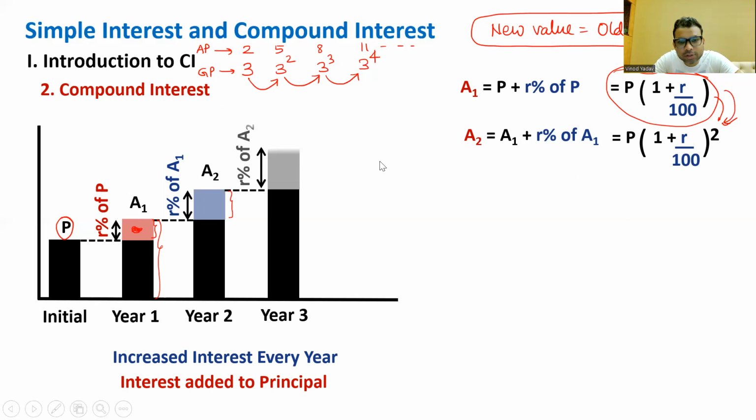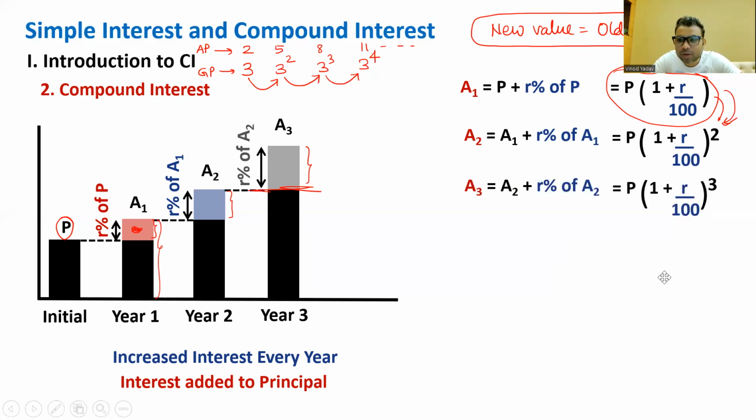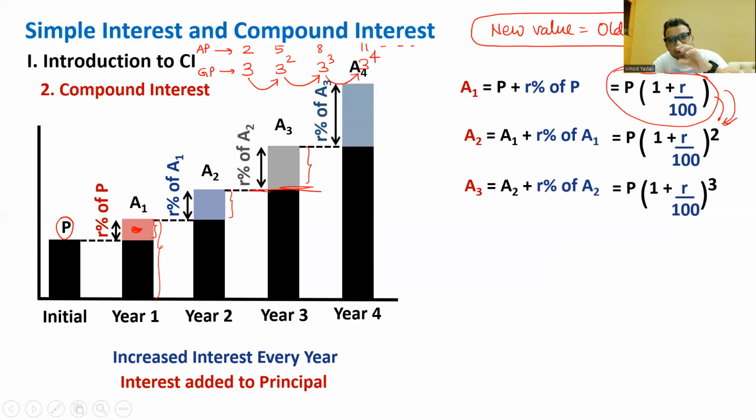So next year, year 3, A2 will continue plus R% of that A2. Again, bigger height, increased interest every year. After simplification, you see P into 1 plus R by 100 raised to 3. And finally, year 4, A3 will continue and R% of A3 extra.